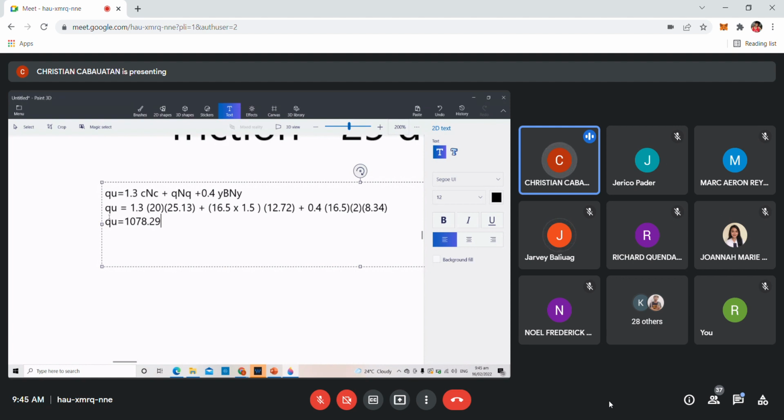Ano yung kanyang unit? Agree ba ang ilalagay kong unit ay kilonewton per meter?